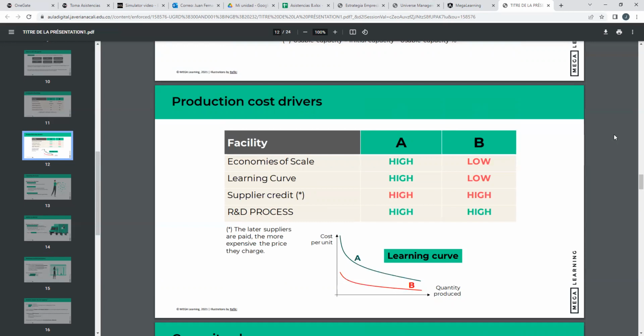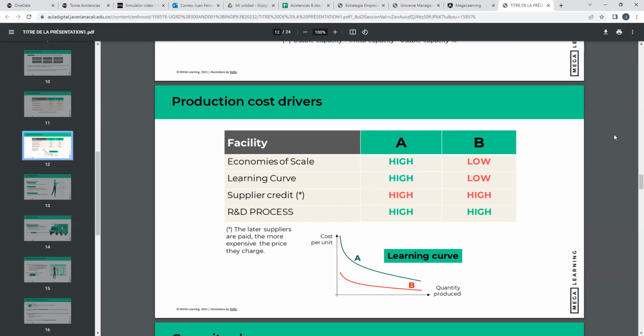Look at A, the slope of the curve really increases more than for B, no? So this means that when you increase the size of factory A, you can expect that the production cost is going to be reduced. However, for product B, it is not going to be so evident.